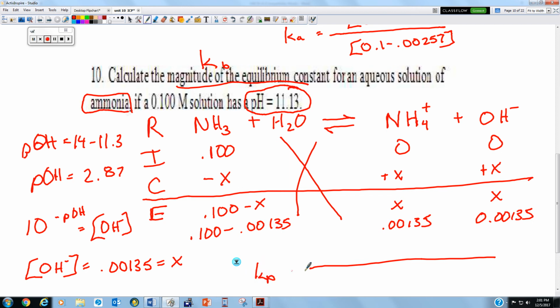Set up my Kb equation. Kb is going to be equal to concentration of NH4 plus times concentration of OH minus over concentration of NH3.